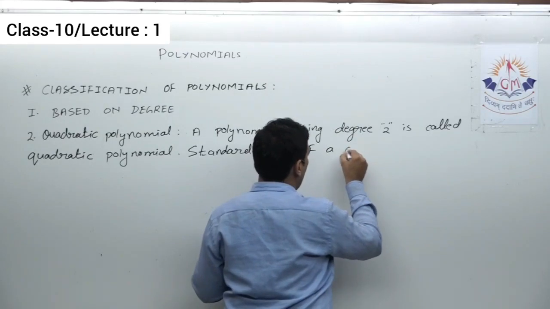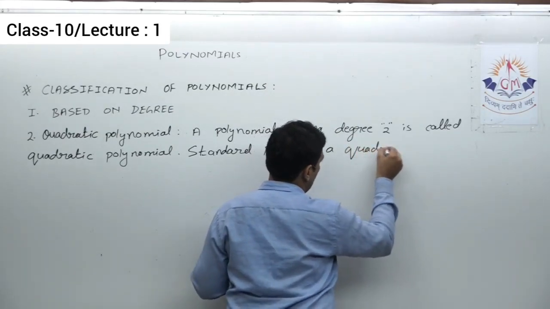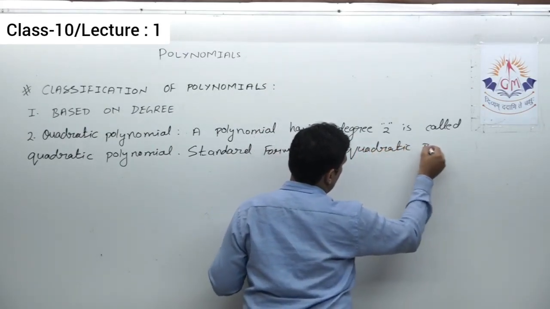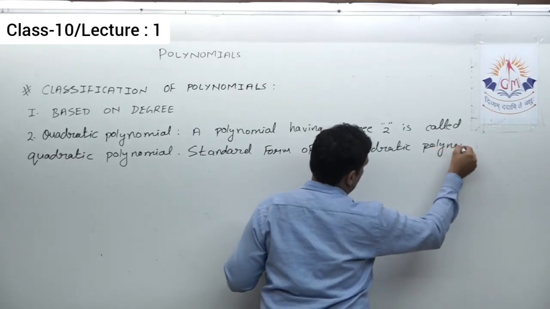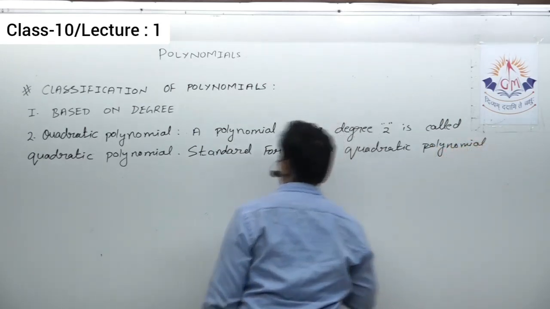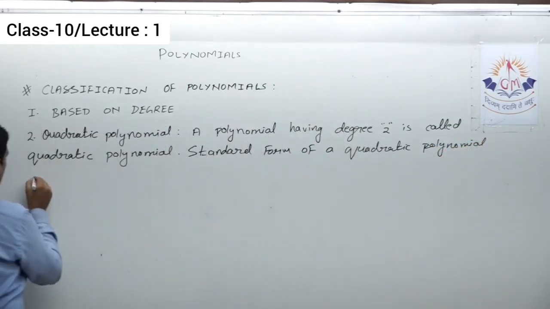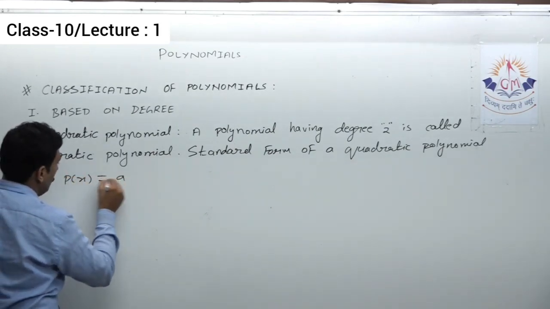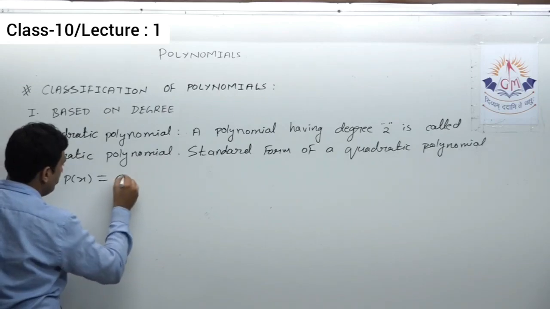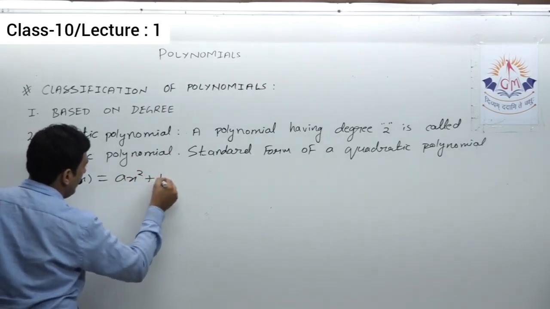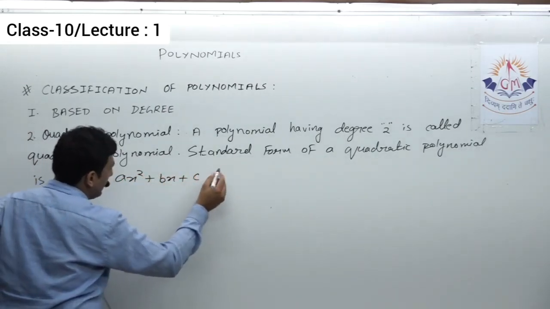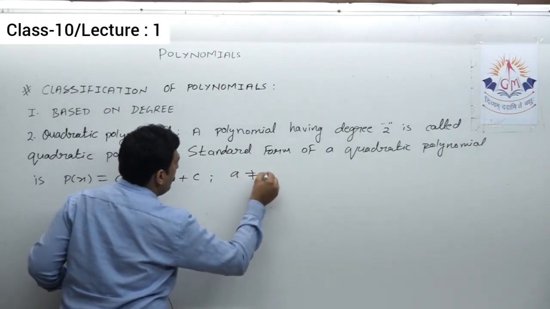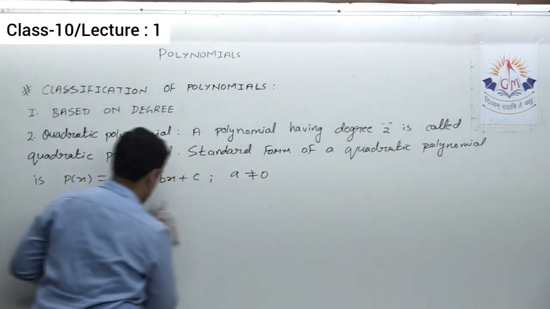The standard form of a quadratic polynomial is p(x) = ax² + bx + c. Again here a should not be equal to 0.